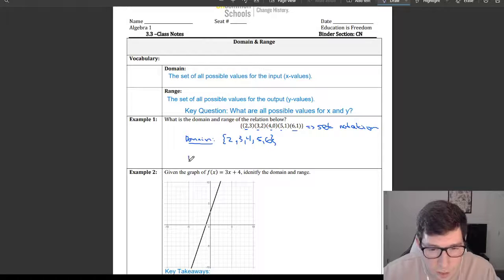And for my range, I just take my y values. It's that simple. I'm actually going to circle these so it's a little bit easier to see and I'm not causing too much clutter.